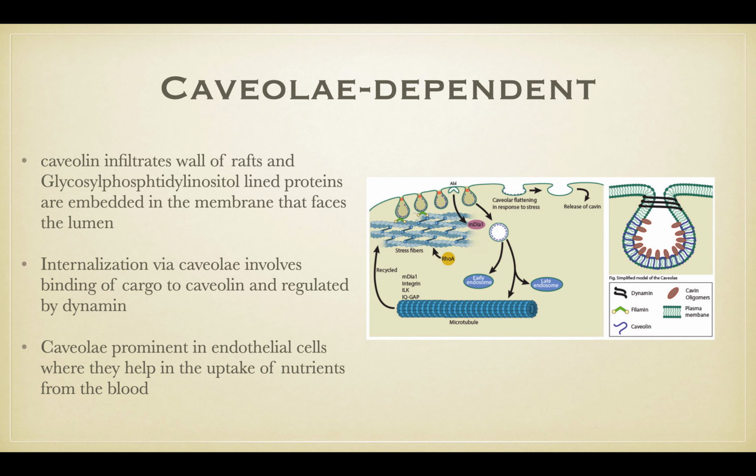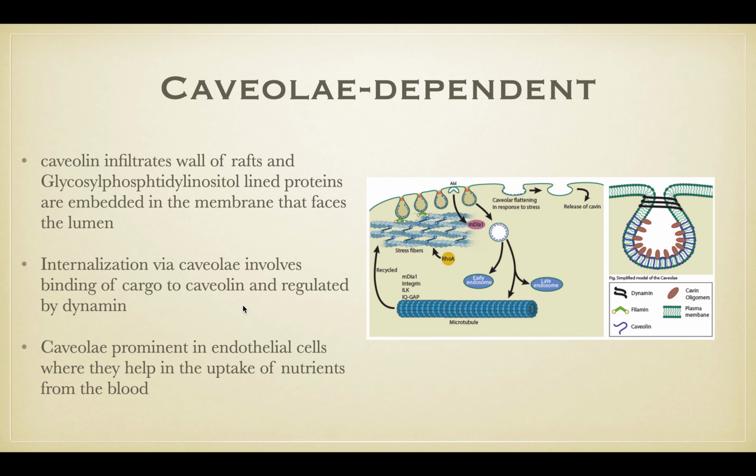It infiltrates the wall of the lipid rafts, and phosphatidylinositol, line proteins, and those are also embedded in the membrane, and that faces the lumen. And same thing, it goes through the internalization, and once things have bound to it, this is regulated by dynamin.